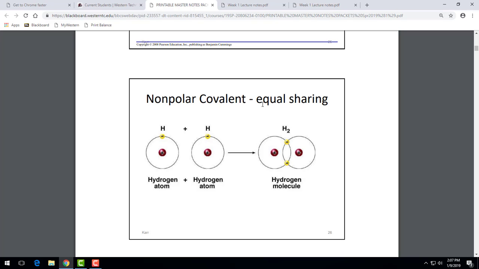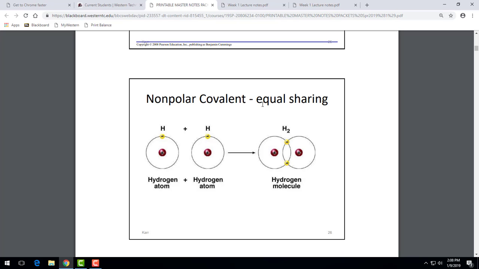So how would I write the formula for hydrogen gas as it exists out in the air? Hydrogen mostly exists as water, but if I was making hydrogen gas, what would it look like? What would be the formula? How many hydrogen atoms are there? How many are in that bond? 2. So the formula for hydrogen gas is H with a little lower 2 to the lower right of it, because there's 2 hydrogen atoms bonded.